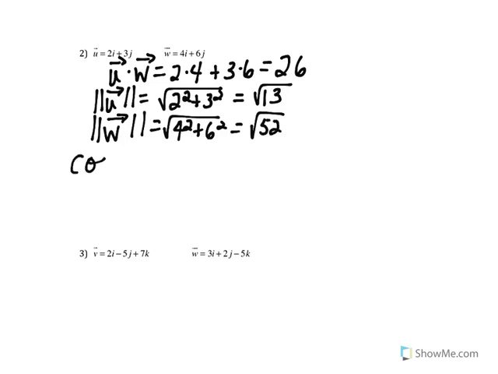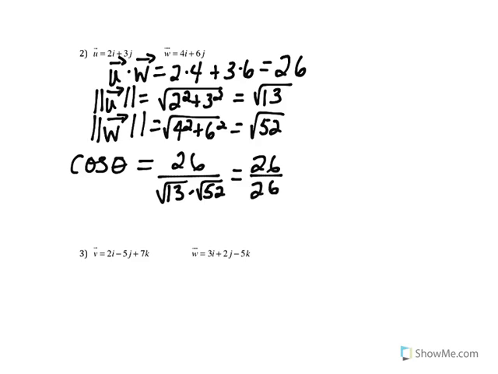So now if we plug everything into our formula, we have cosine theta equals 26 over the square root of 13 times the square root of 52. Now you could put this in your calculator all in one shot, but I just want to show you for this one, it does come down to equal 1. So if cosine theta is equal to 1, that means our theta value is going to be 0, and the vectors are parallel.